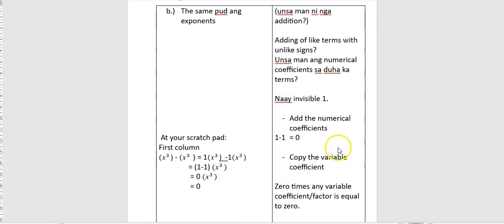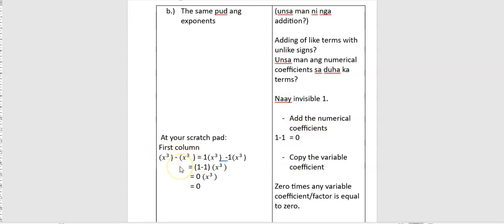Okay, so in the first column, we have invisible number. So, sa first column nga ato, x cubed minus x cubed. So, wala tayo nakita nga number factor. Automatically, 1 na siya. So, in adding like terms, mao ni ang step. Una, add the numerical coefficient. So, again, wala may number factor.